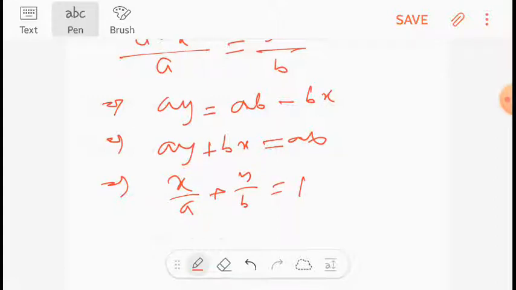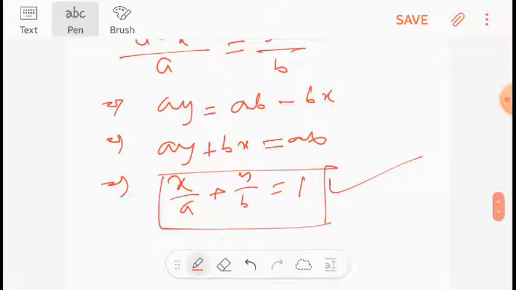So this is the intercept form of the straight line. You need to remember all these forms, otherwise you will not be able to solve the problems. So if you represent any straight line in this form, then this straight line cuts the x-axis at A, 0 and the y-axis at 0, B, at that length. So this is actually the intercept form of an equation.